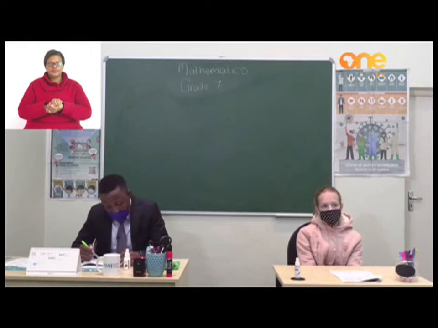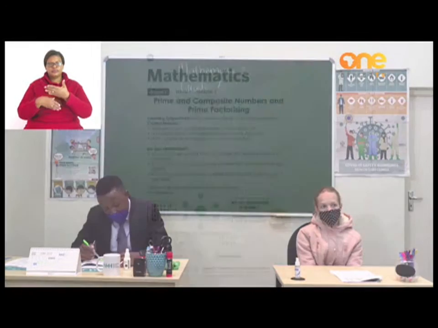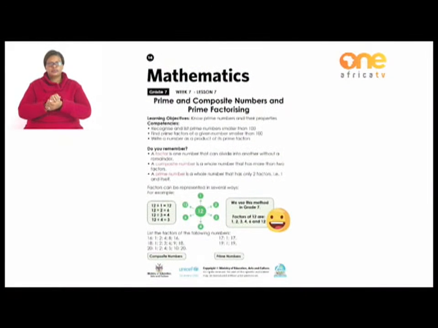Okay, let us now go to page 14 on our booklet. We have to read through the notes, to start with prime, composite numbers, and prime factorizing. Learning objective: know prime numbers and their properties.